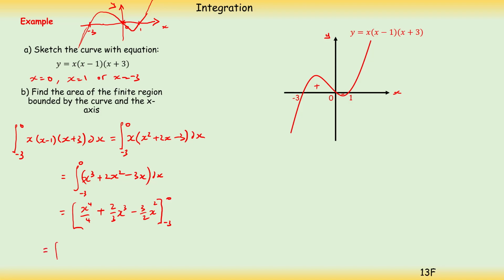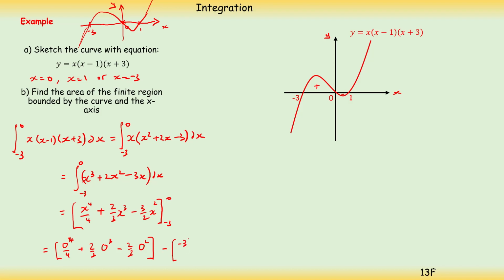Let's do that. When we substitute for 0, we get 0 to the power of 4 over 4, plus 2 over 3 times 0 cubed, minus 3 over 2 times 0 squared. As you can see, because these terms are 0, we don't tend to include them. So everything in the square brackets there is going to be equal to 0. Minus, what have we got?